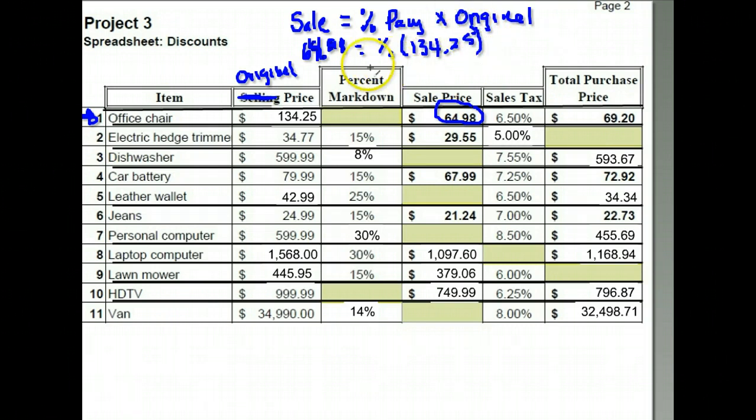So to find out what percent we're paying, we're going to divide. We're going to have $64.98, our sale price, divided by our original price of $134.25. Again, make sure you put the top number in first, the $64.98, divided by $134.25.